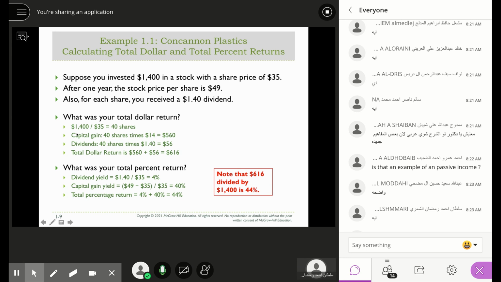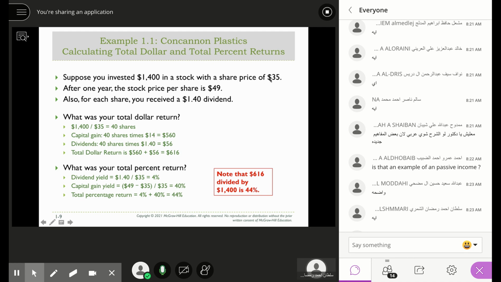So it is 1,400 divided by 35. So we know that we bought 40 shares.